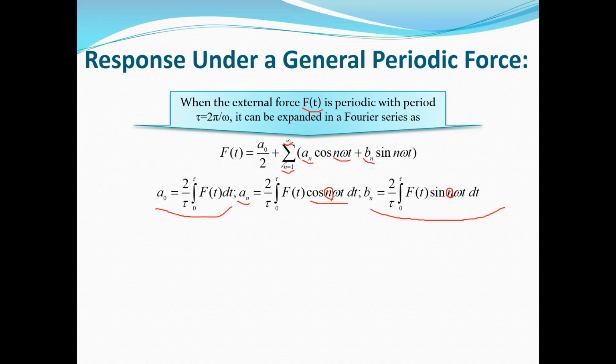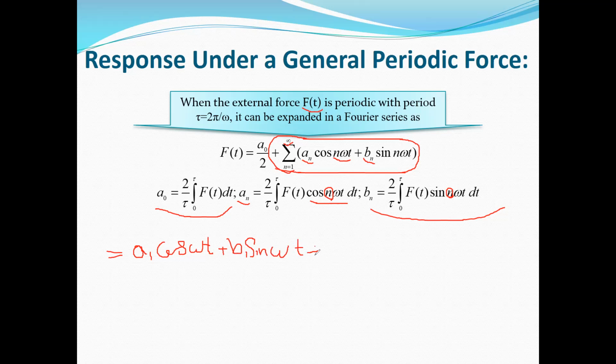So if you expand this summation, it will be equal to, for example, a1 times cosine omega t, where instead of n we substitute 1, plus b1 times sine omega t.